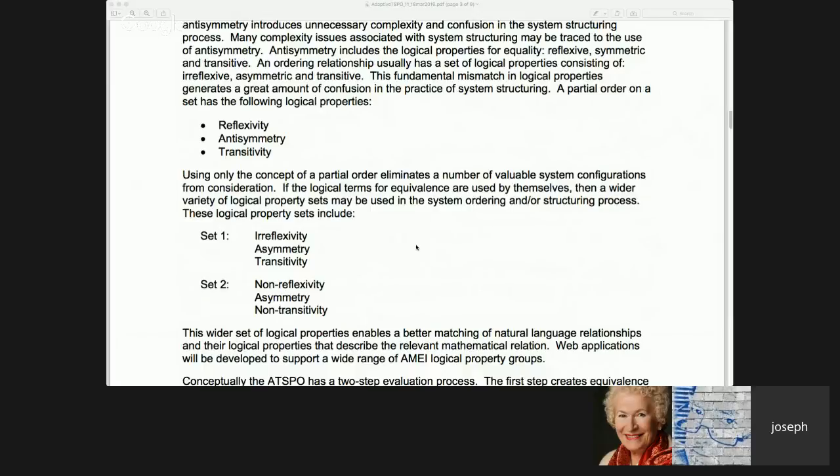But for structural modeling, only the symmetric component really matters for the structure. And so reflexivity really shouldn't come in. It doesn't matter if it's irreflexive, non-reflexive, or reflexive. It shouldn't impact the structure of the system. Does that make sense? Yeah, that does.